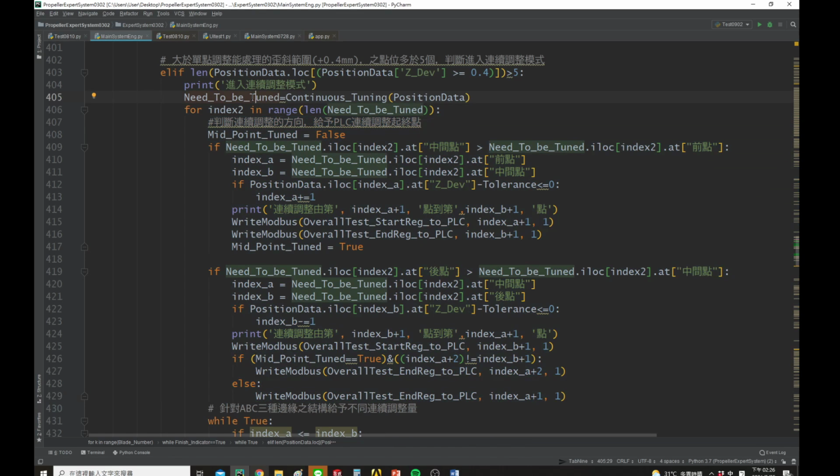Okay, so the first thing is that based on the result of overall testing, here we use this function, continuous tuning, to define the groups that need to be tuned. So this variable holds the groups that need to be tuned, like I told you yesterday. Okay?